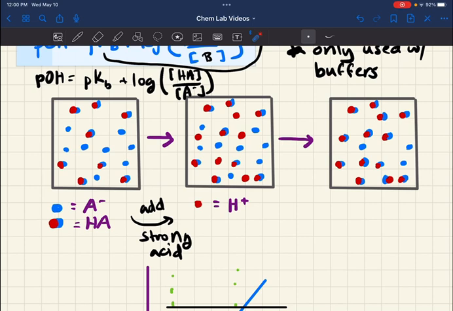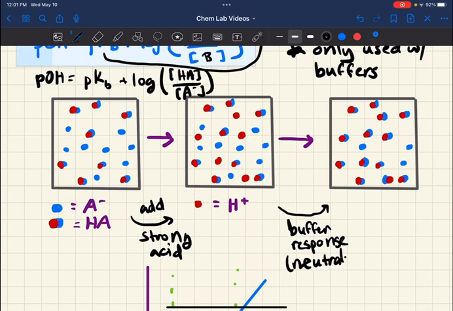There are things around that can neutralize those H pluses, and those would be our conjugate base molecules sitting around nearby those H pluses. So the response, according to Le Chatelier's principle, I'm going to say buffer response, is to neutralize that acid that we've added by forming more of our HA molecules from those red dots, from those H plus ions.